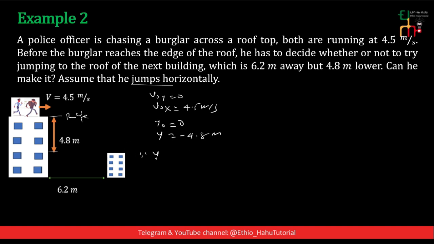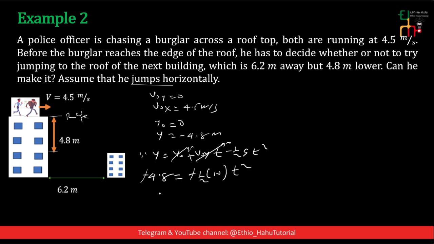Therefore, y is equal to y naught plus v naught y times t minus half g t square. Y is minus 4.8. This is equal to y naught is 0, v naught y is 0, 0 times t is 0. This is equal to minus half times g, which is 10, times t square.